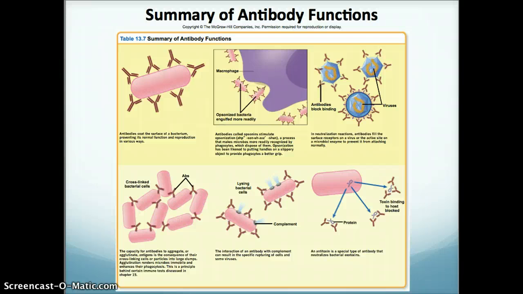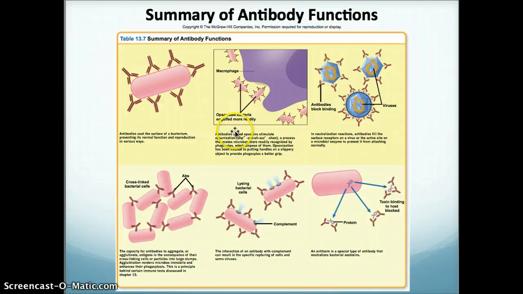So this is another table that will be helpful in looking at the functions of antibodies. Antibodies, once again, are these Y-shaped molecules here. And what we see in the first picture is it coating the surface of a bacteria. And what this does is it'll often prevent it from doing normal functions and reproduction.